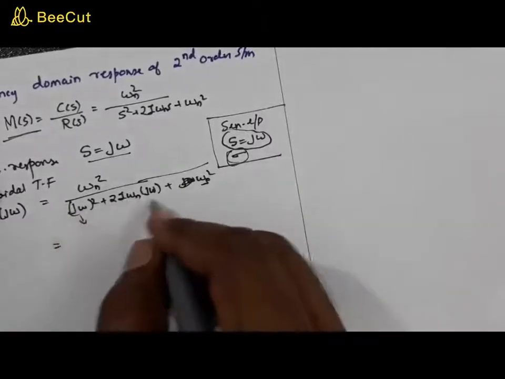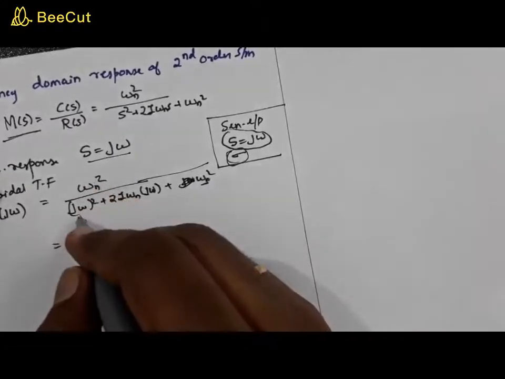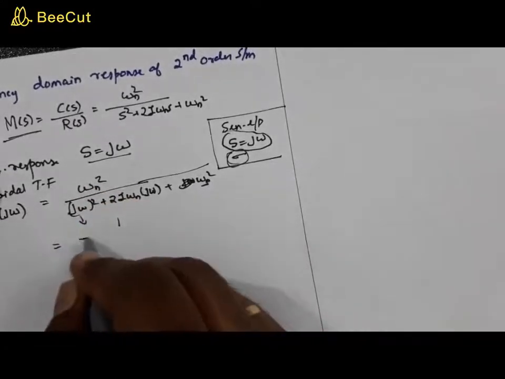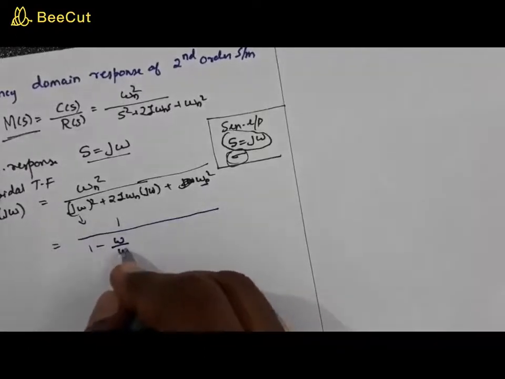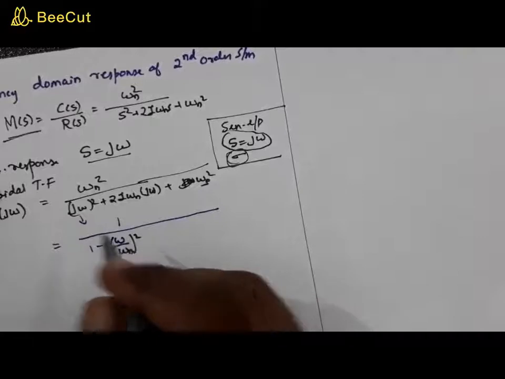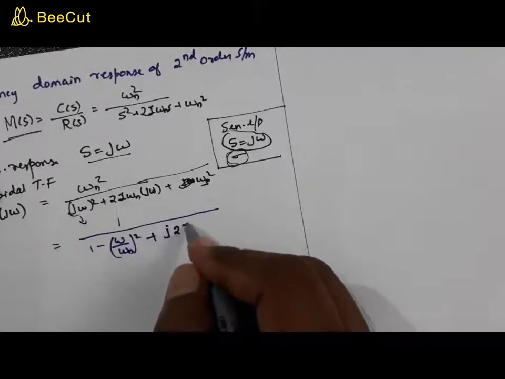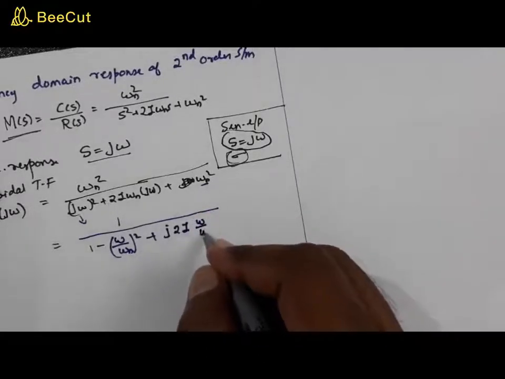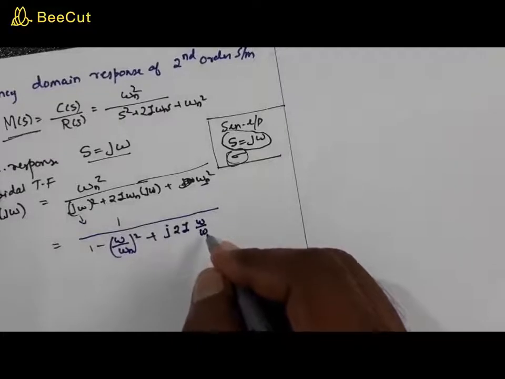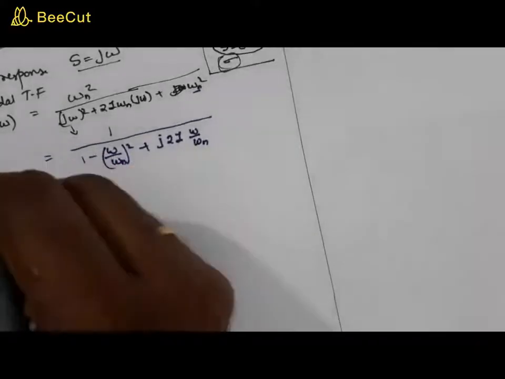Bring these together, separate the complex part, and bring omega n square downward, so that you get 1 by 1 minus omega by omega n the whole square, plus j into 2 zeta omega by omega n.